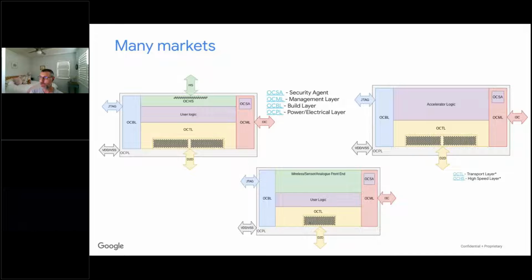The build layer encompasses everything to do with creating the physical chiplet, and the CDX white paper fits well into that layer. And then also a power and electrical layer, to lock down some of the electrical aspects of the chiplet.